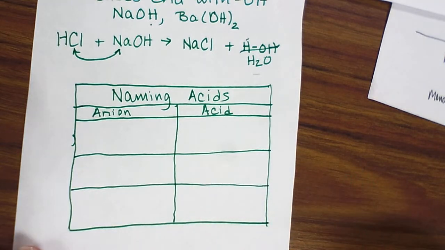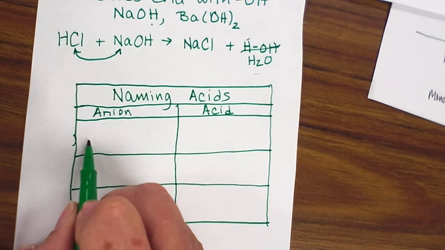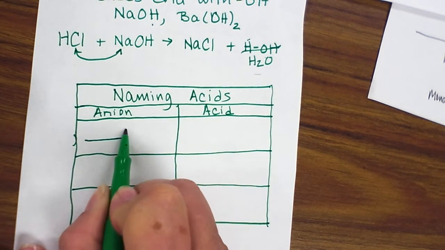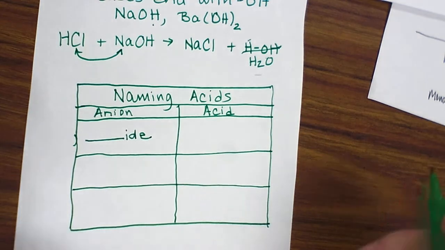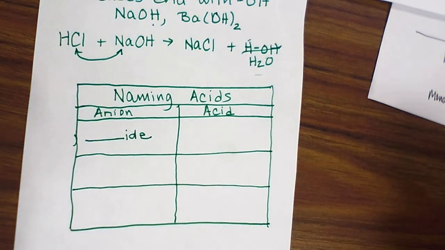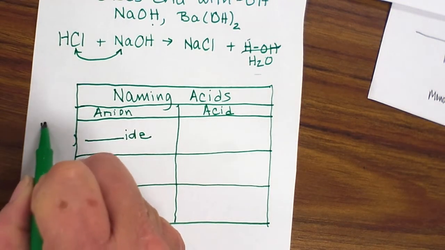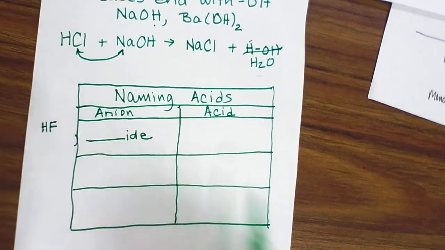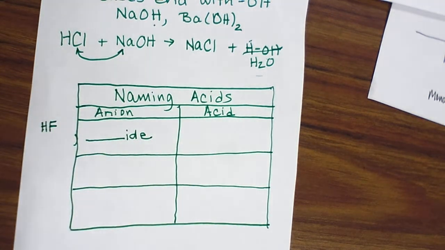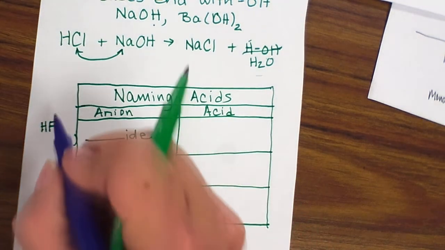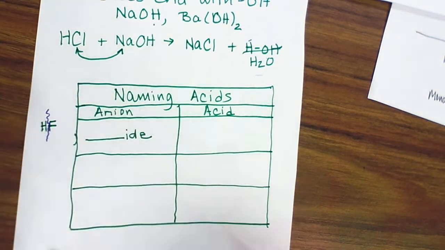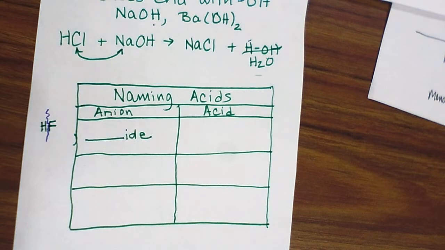It's super easy. The first possibility is that your anion ends in IDE. So this would be if your anion was, for example, chloride or bromide or fluoride. So if your compound looked like this, then you would draw your line right here, and you would see that your anion is F-, right?